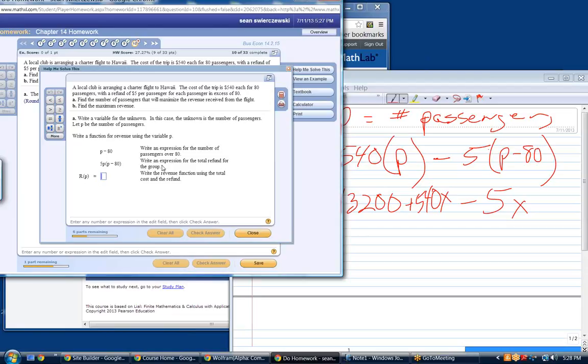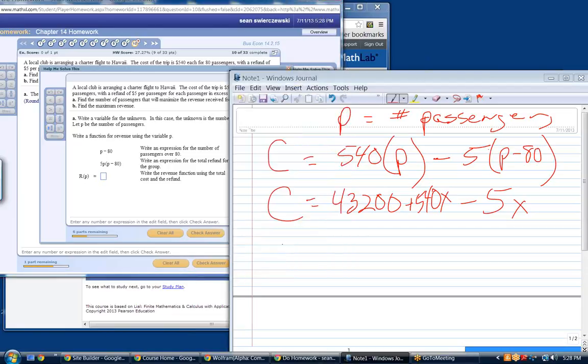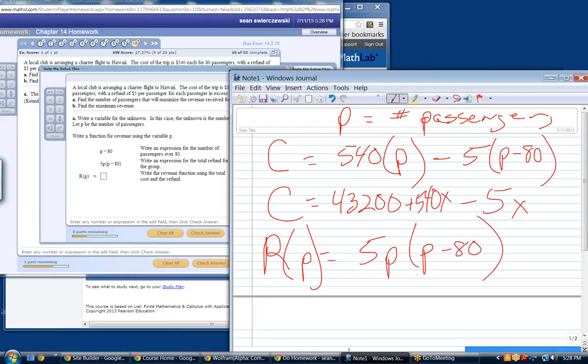The revenue function, let's see if we can write a revenue function based on what they've given us. I think all they want you to do is 5p squared minus 400p. And so you think this is the revenue function?